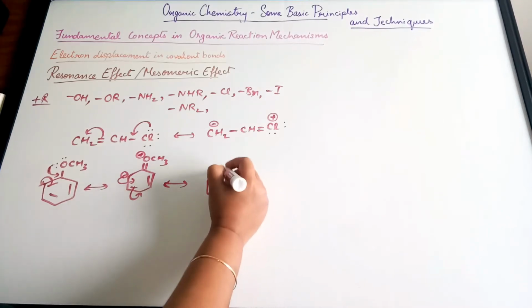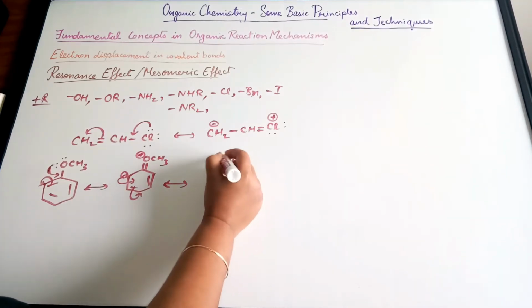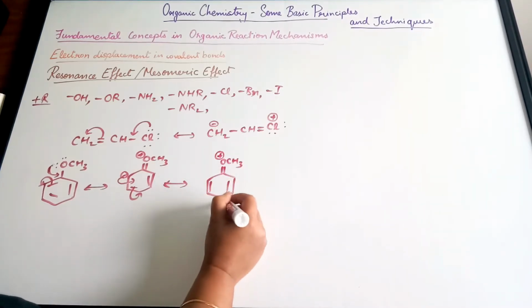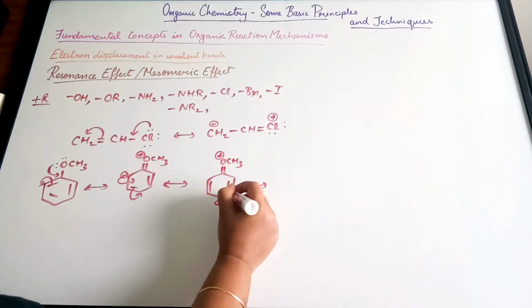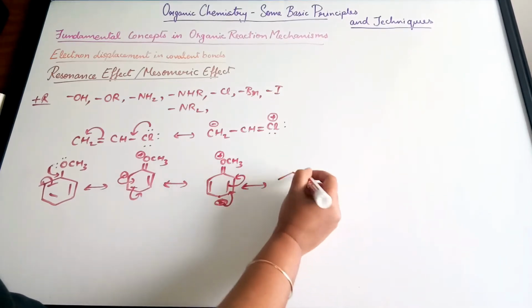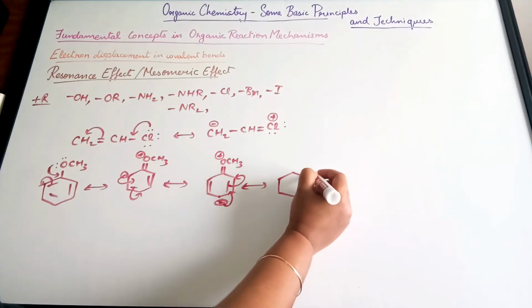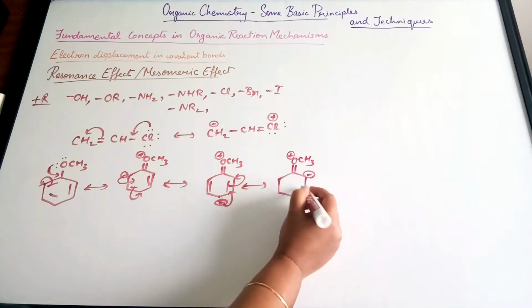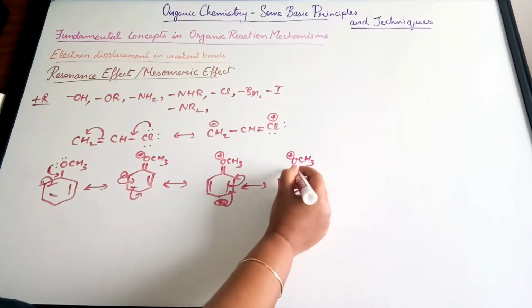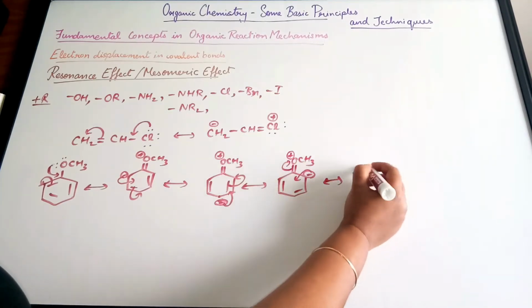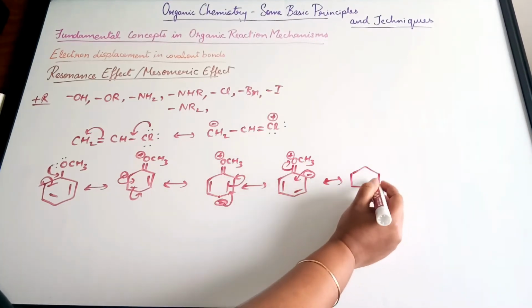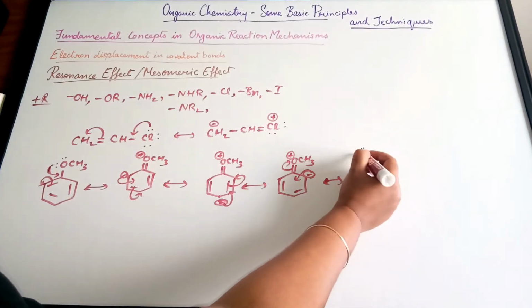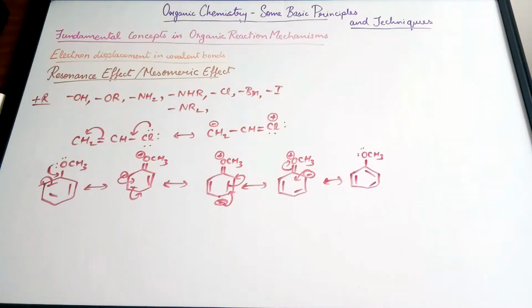So you have double bond, OCH3 plus, and then this shifting here, this is shifting here, this is moving here. We learned in detail how to draw the resonance structures for substituted benzene compounds, and these are the resonance structures for anisole.